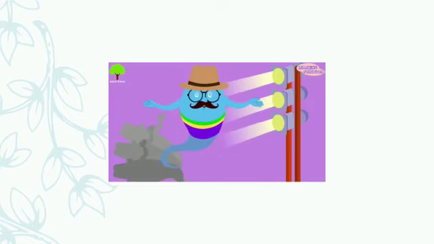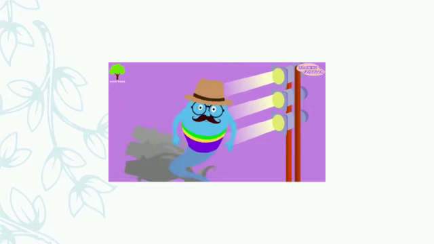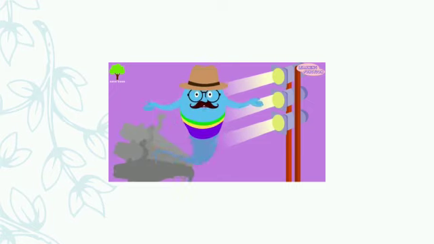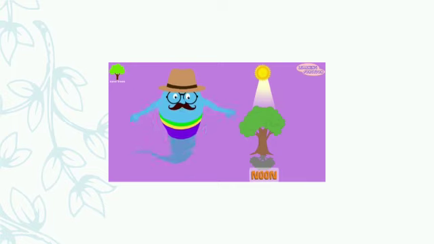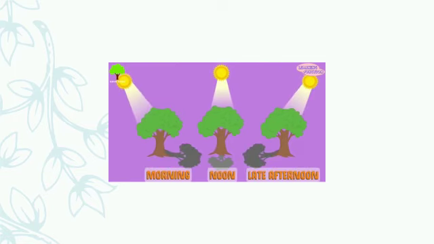You can have many shadows depending on the number of light sources. Shadows keep changing throughout the day. They're longest in the early morning and in the late afternoon. At noon, when the sun is directly overhead, the shadow is tiny, or there's no shadow. The position of the sun changes throughout the day, which changes the angle at which the sun's rays fall on the ground.